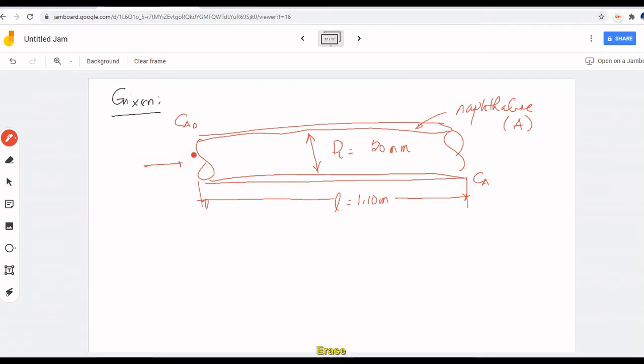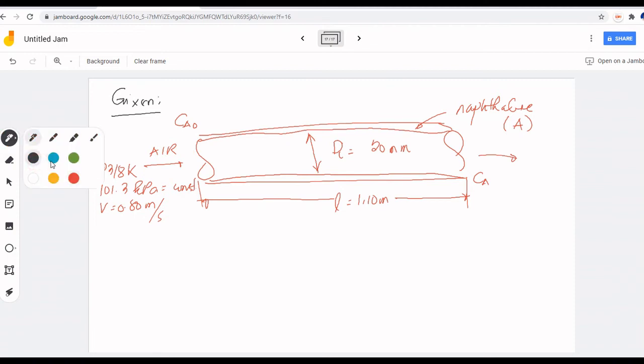Now, we have air entering, and this air has the following information as it enters our pipe: it's at 318 Kelvin with a pressure of 101.3 kPa and a velocity of 0.80 meters per second. The pressure is essentially constant during the entire process of the air flowing inside the pipe. So, this is the given information in the problem.